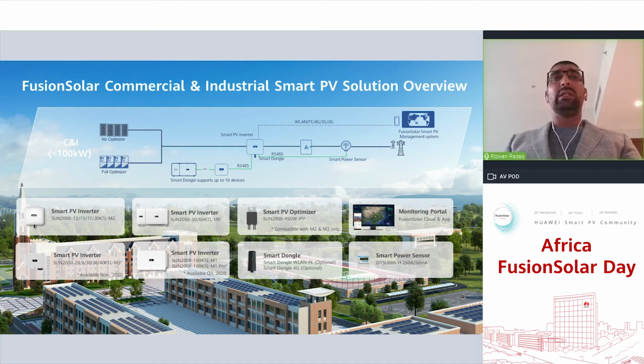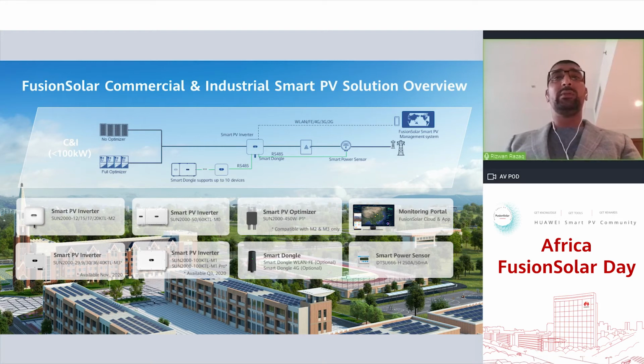With a product that's been operating for many years now, which is the 50 and 60 KTL M0, 6 MPPTs and 12 inputs, and our largest CNI applicable inverter, which is the 100 KTL M1. As I explained, we have the optimizers that are available for particular product ranges, which are classed as the M2 or M3 range, and they are available for use in multiple different scenarios.